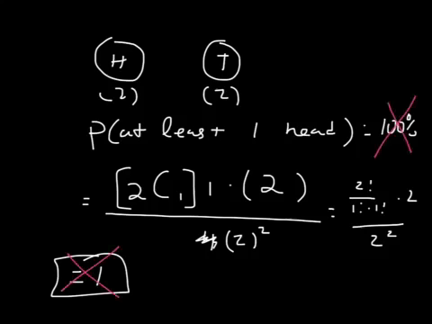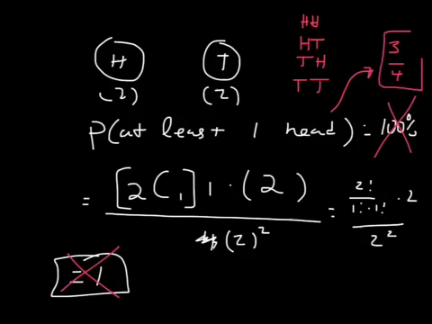We know that's not right because we could either go head head, head tail, tail head, tail tail. So we know the probability should be 3/4. So where are we breaking down? We're breaking down in this statement and then thinking that we could put a 2 there.